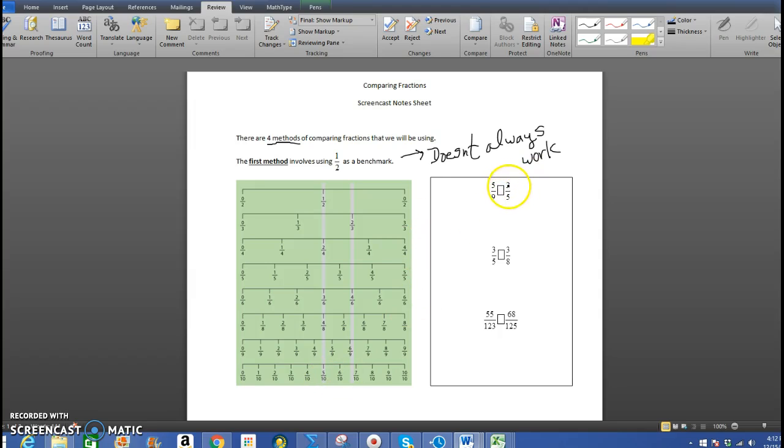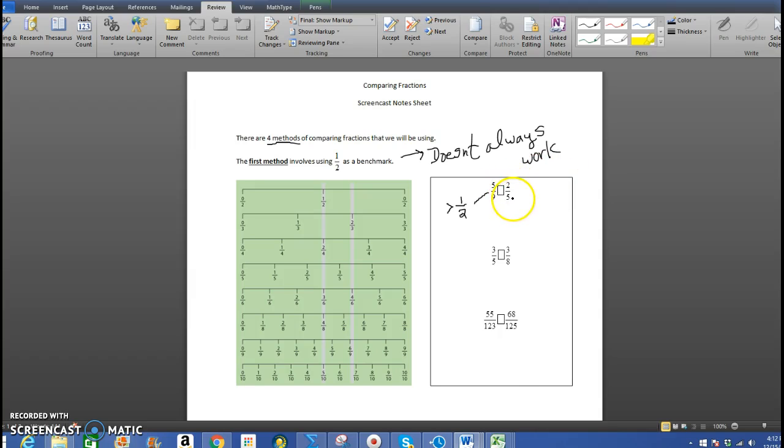So we can look at these two fractions here, and say, 5/9: it takes 4.5 to have exactly 1/2, so I know that this fraction is greater than 1/2.